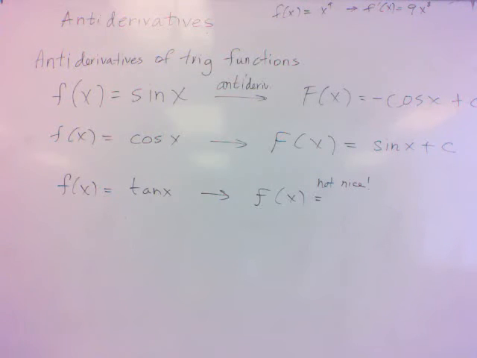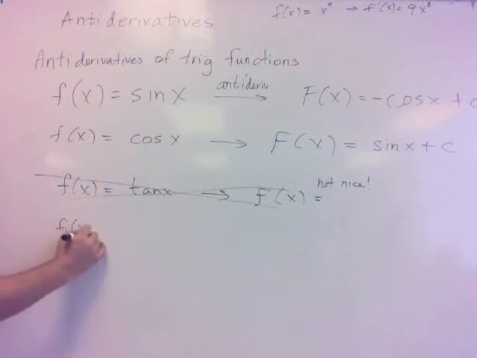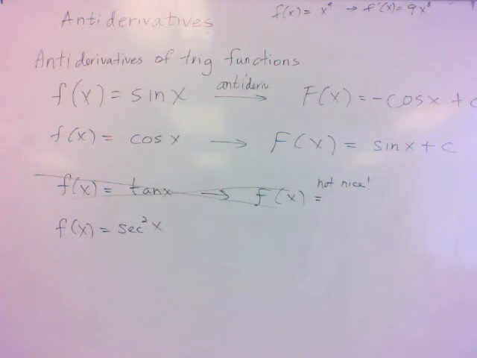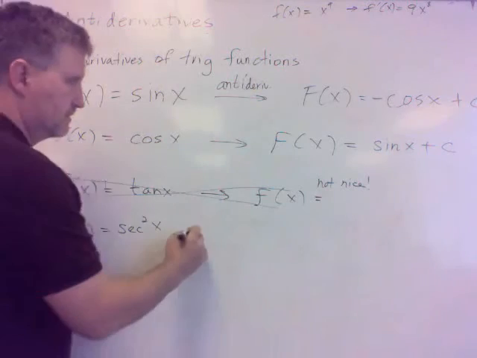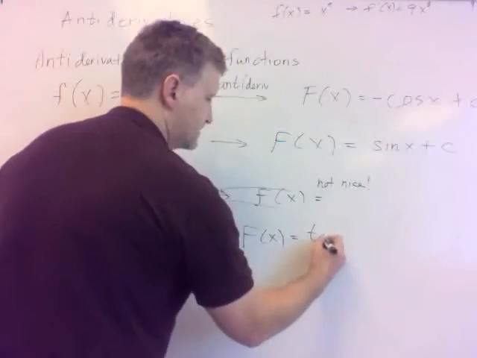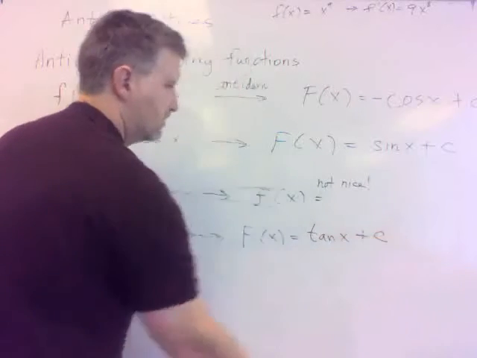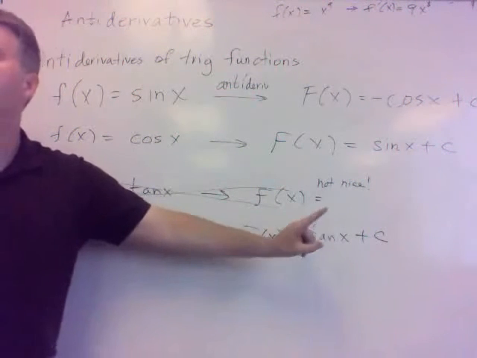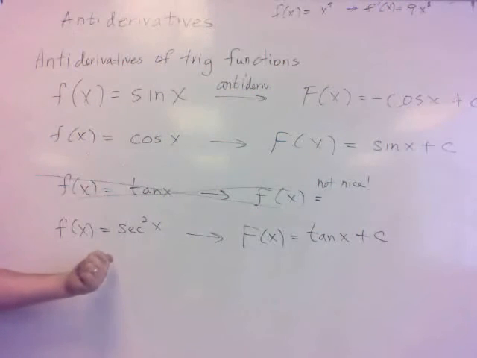The ones we have nice antiderivatives for would be ones like secant squared. What would be the antiderivative of secant squared? It would be tangent, plus c. With me? The antiderivative of secant squared is tangent, because the derivative of tangent is secant squared.